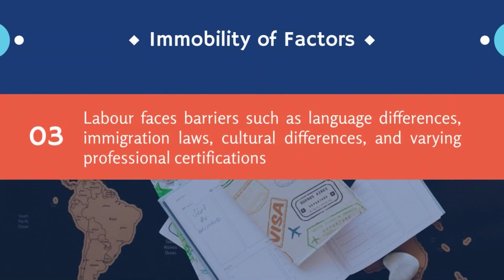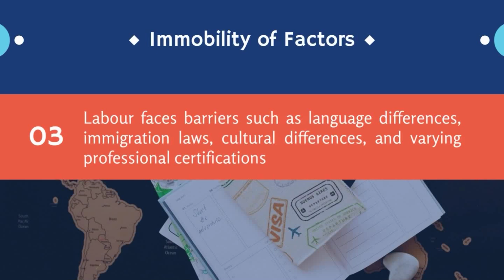But in case of international trade, the problem of language differences creates a huge problem, and as a result, labor cannot move from one country to another country, even if they have the required amount of skill set. In spite of that, they cannot move from one country to another country, and they cannot be involved in the production activities of other countries because of the language barriers, because they cannot communicate with others. So another important barrier is immigration laws.